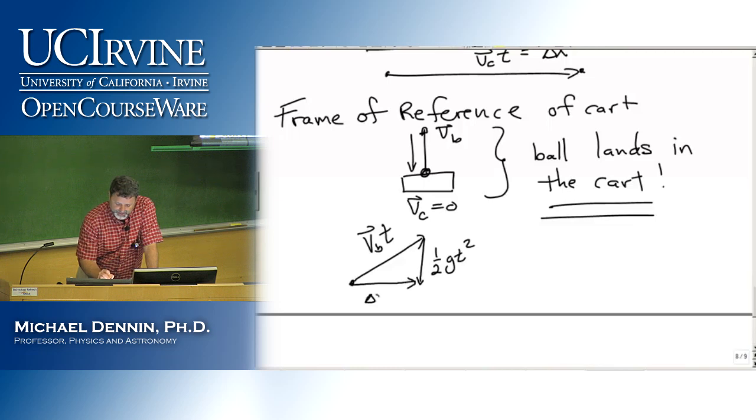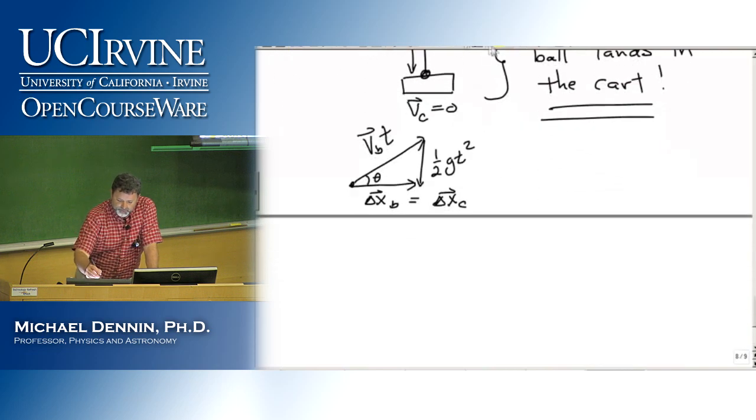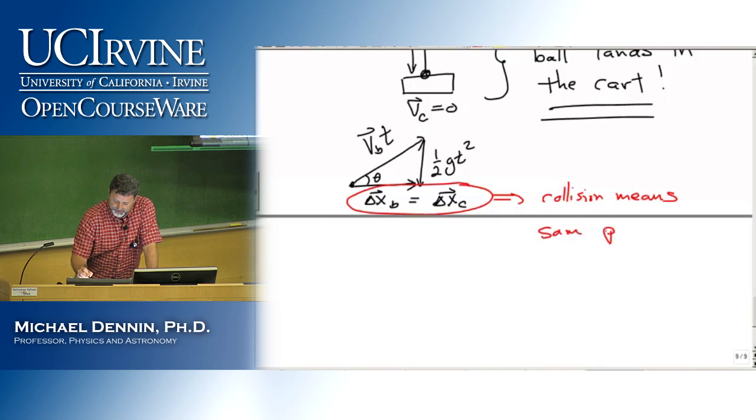And this delta x of the ball has to equal delta x of the cart. And it gets launched at some angle theta. Notice the various physics we used in this situation. Right here, we used a collision means same position.